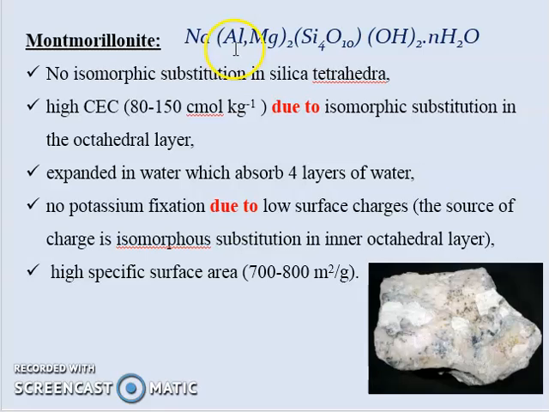But if there is isomorphous substitution with Mg instead of Al, you will find a negative charge and the Na exchanged to the surface of the mineral. The sodium is usually surrounded by water, absorbs water, and this mineral is called montmorillonite, or smectite mineral, because it absorbs water and its size may increase in the presence of water, because it may absorb 4 layers of water.